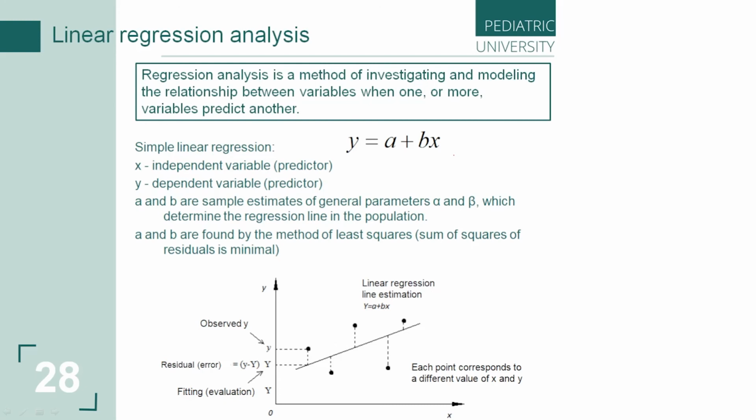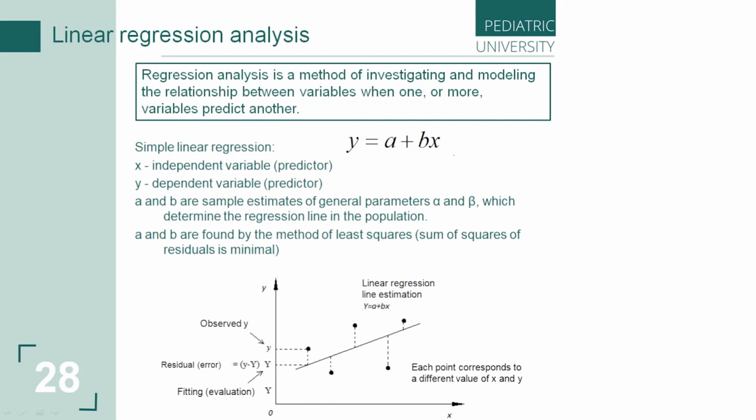To generalize to the population, we need to construct a confidence interval for this line. Again, the coefficients a and b are calculated using the method of least squares. The method is that the sum of the squares of the residuals must be minimal.